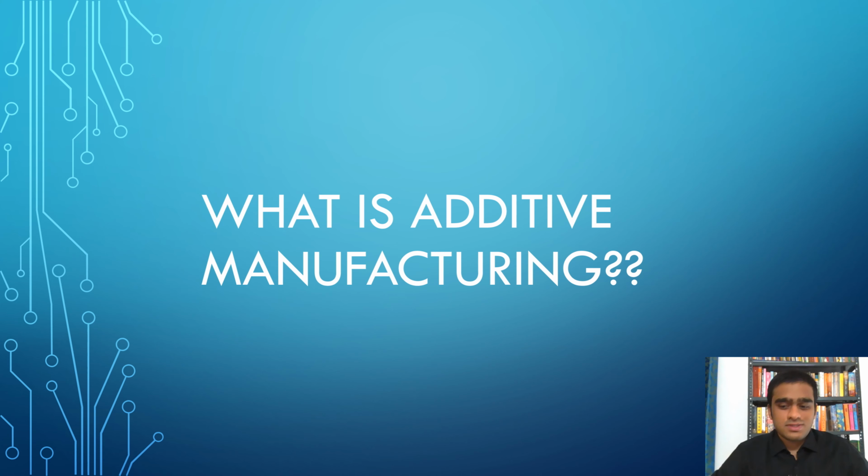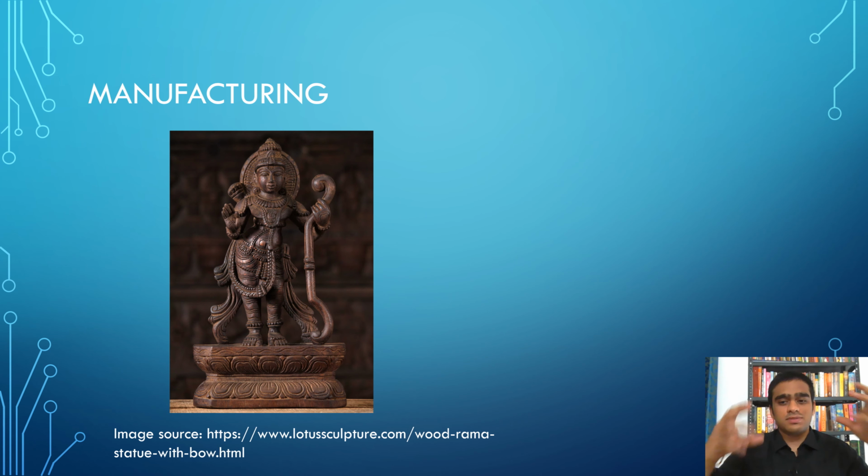Before we see that, let us see what manufacturing is. We all know manufacturing. What is that? Simply making an object. In general, we can classify manufacturing into two types. One is like a sculpture. How is this made? You take a wood log, remove all the unnecessary part, and get this shape.